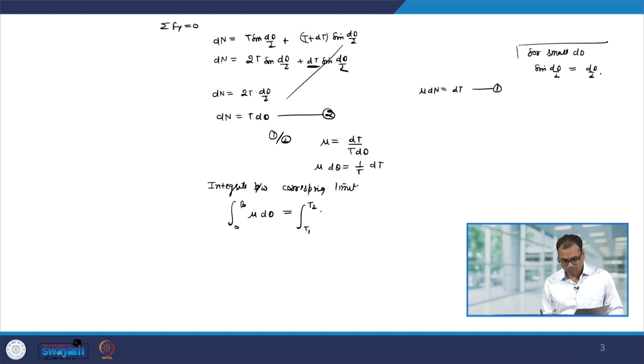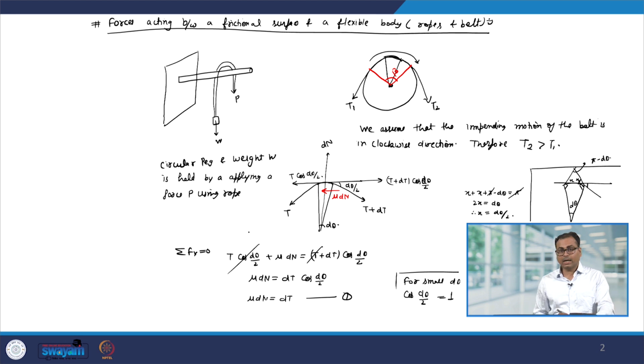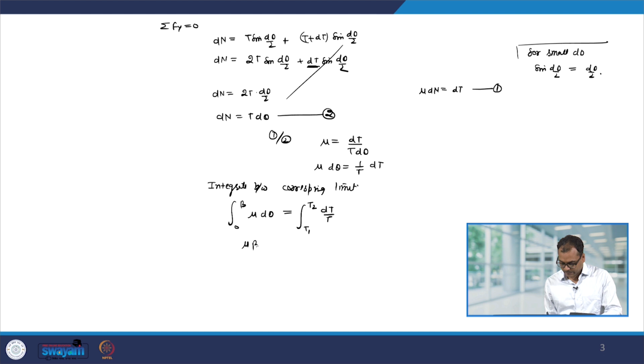So, integral T1 to T2 dT over T gives me mu, and the integral of d theta here is beta, which equals ln T2 divided by T1, or e to the power mu beta equals T2 over T1, or we get T2 equals T1 e to the power mu beta.